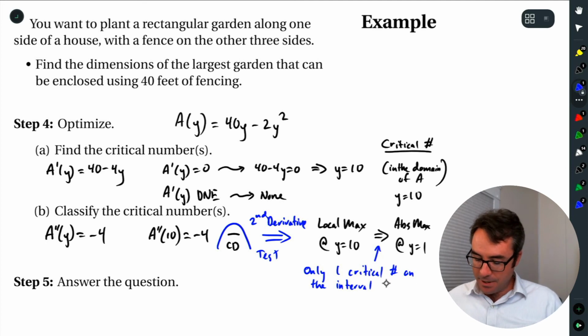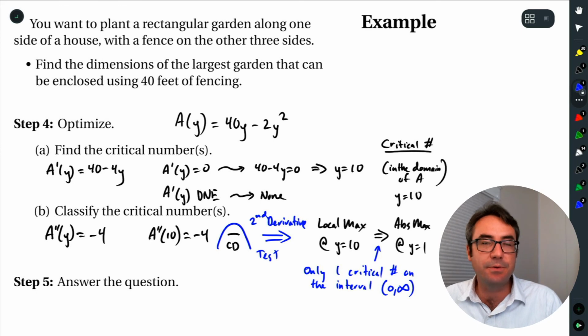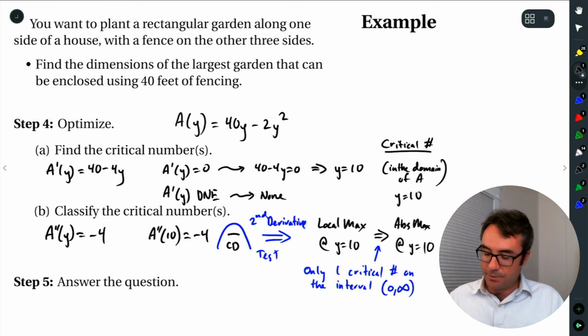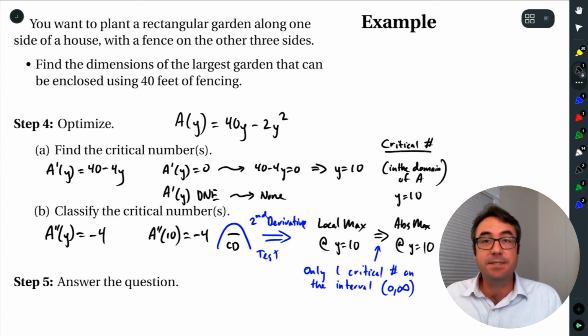So our interval here might be the interval from 0 to infinity, because we're talking about positive lengths. And we found only one critical number, y equals 10. So it's the absolute max. This is as large as our function's ever going to get.